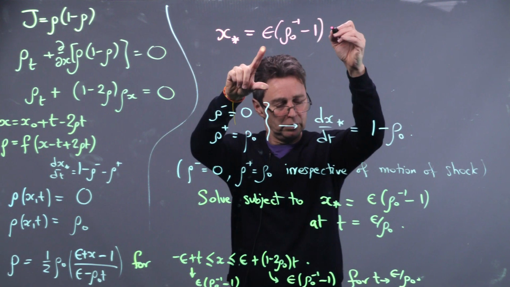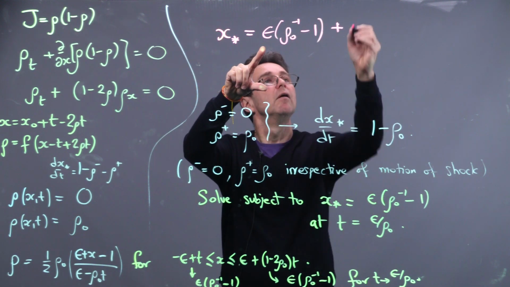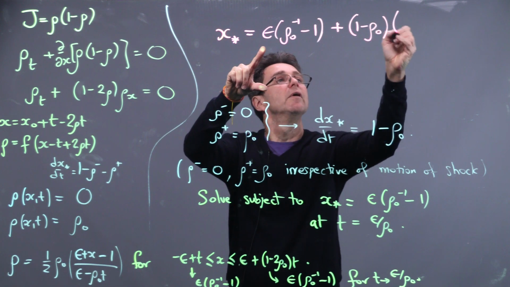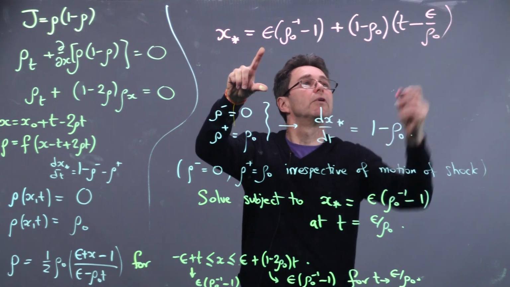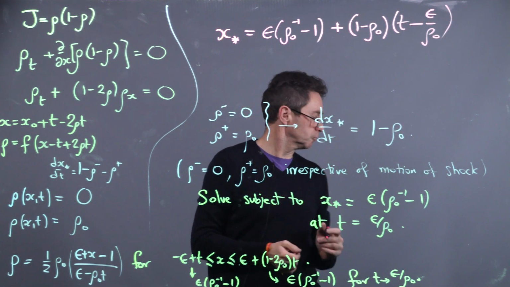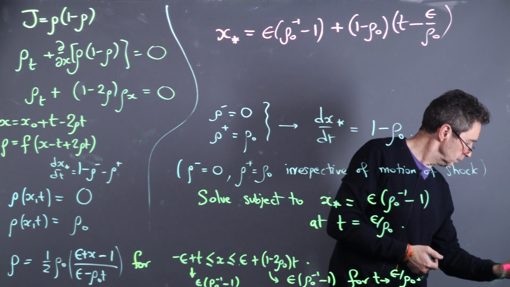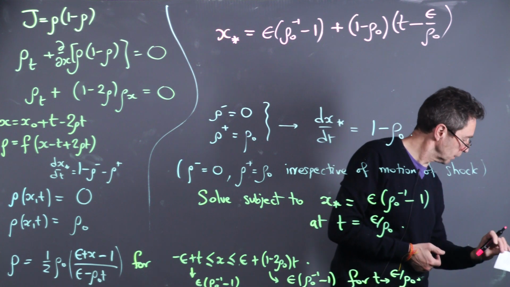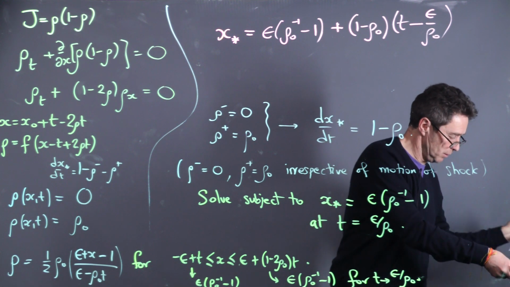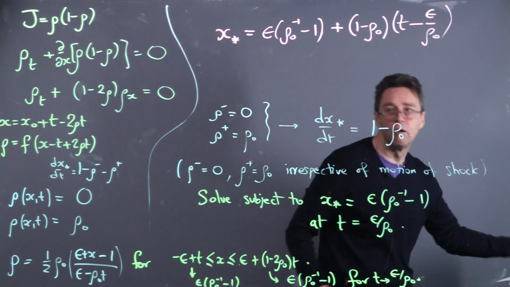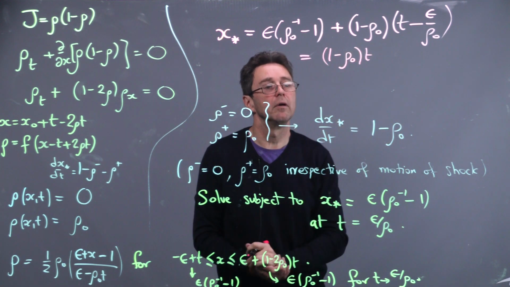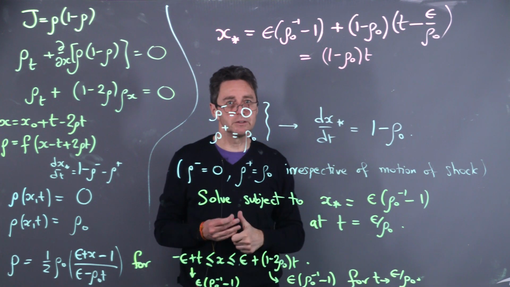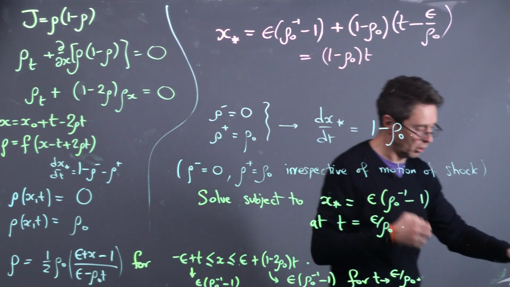That's the initial position, plus the speed, 1 minus rho naught, times t minus epsilon over rho naught. Actually, there are some cancellations if you're willing to work at that a little bit, because that thing works out to be just 1 minus rho naught t. So there's the shock.